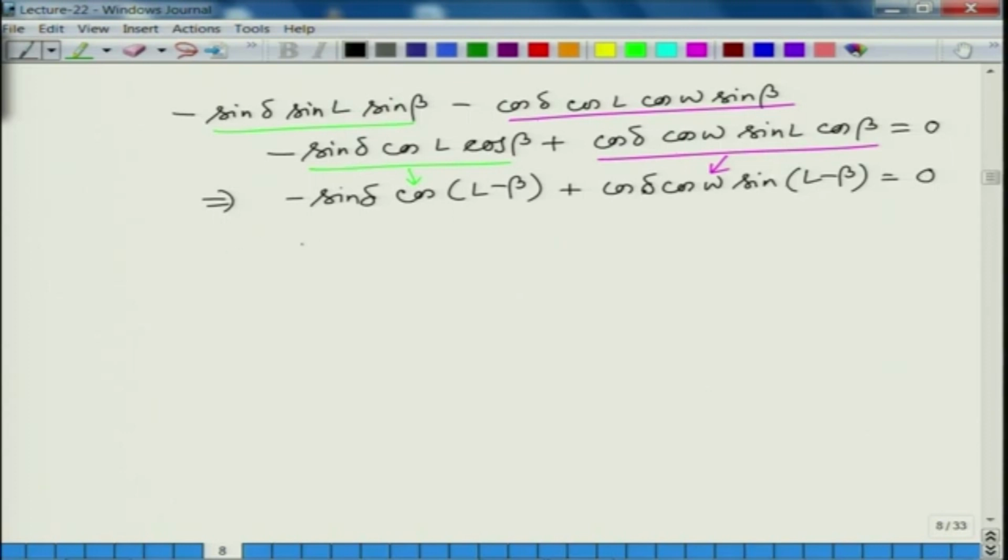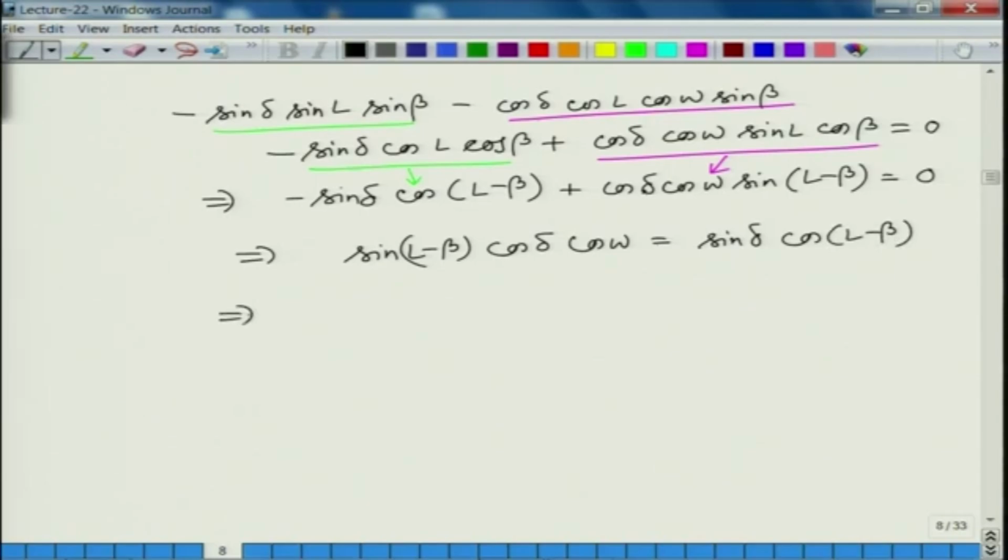So basically that gives us sin of L minus beta cos delta cos omega equal to sin delta cos of L minus beta, and that gives you tan of L minus beta equal to tan delta cos omega.